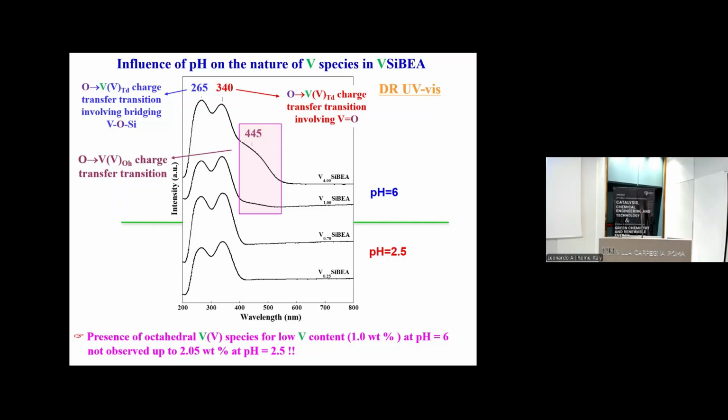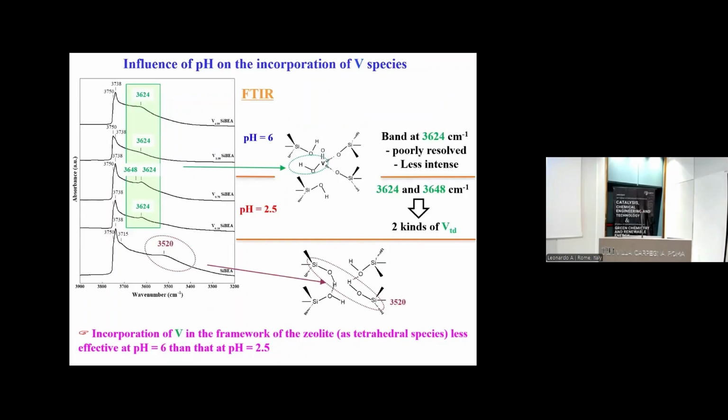In this condition, we observe a very big amount of hydroxyl species, because in the solution we have polynuclear vanadium species. By this, we can conclude that the preparation at pH 2.5 is better than the preparation at pH 6.